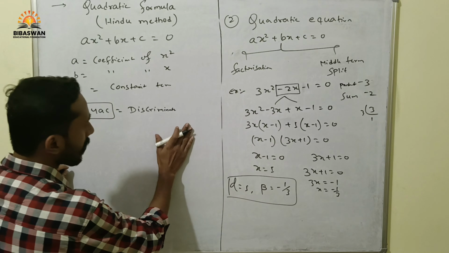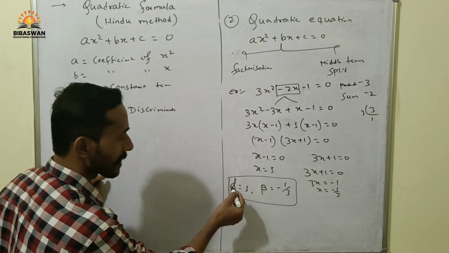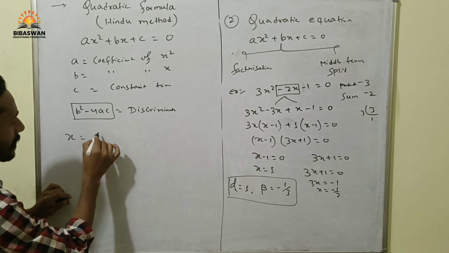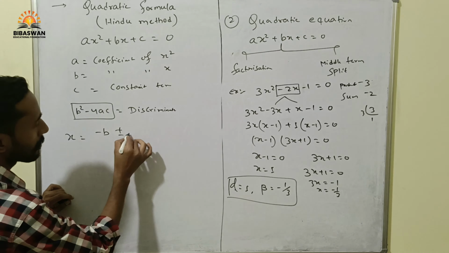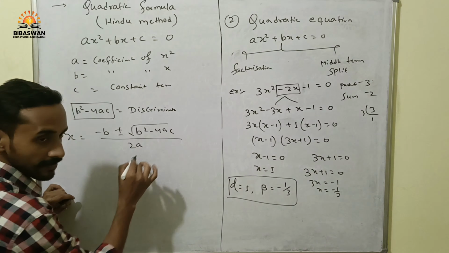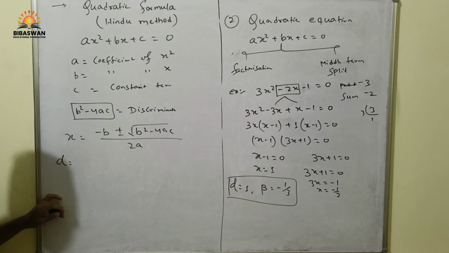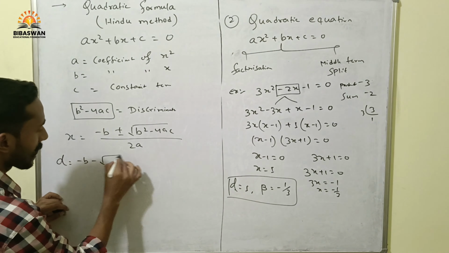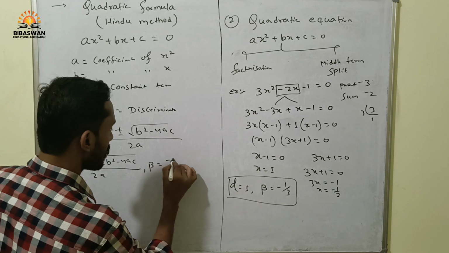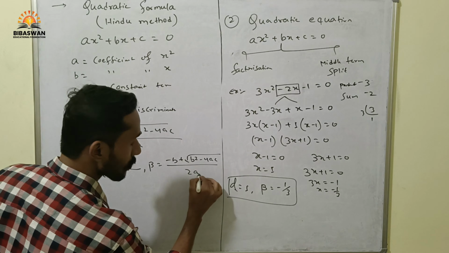First of all, there are two roots of the equation. So how can we find the roots? By the formula minus b plus minus root over b square minus 4ac by 2a. Understood? So our first zero is minus b minus root over b square minus 4ac by 2a, and our second zero is minus b plus root over b square minus 4ac by 2a.